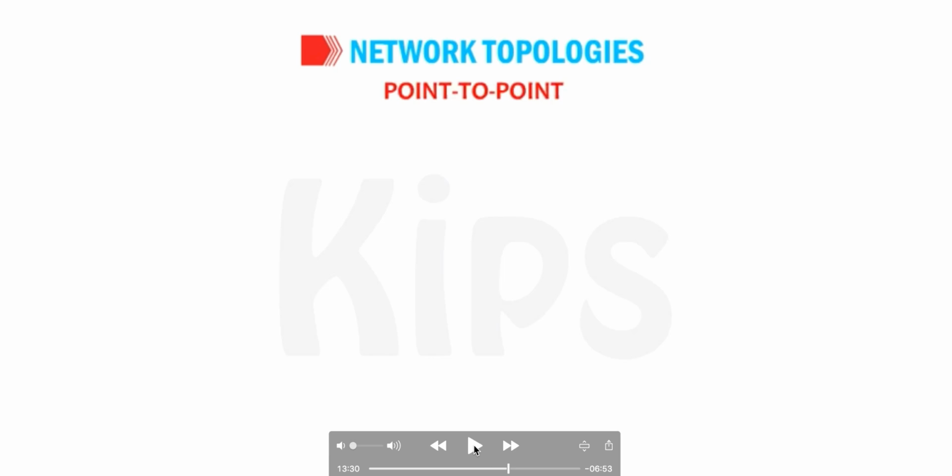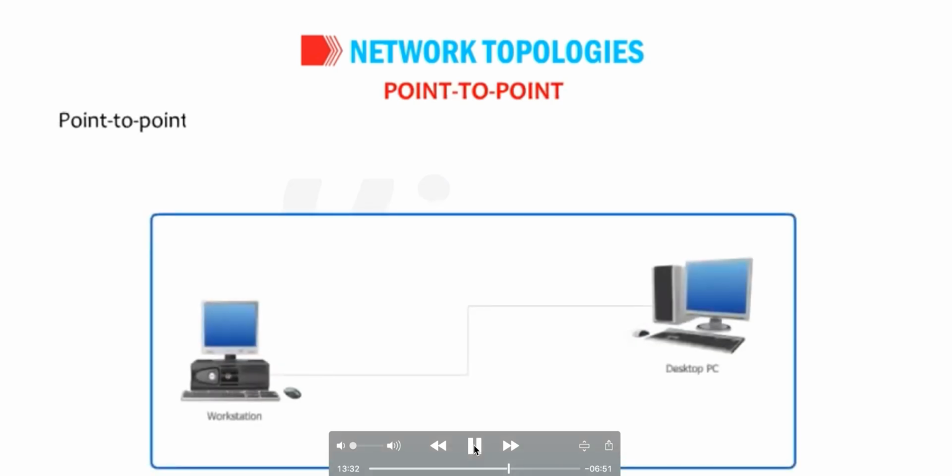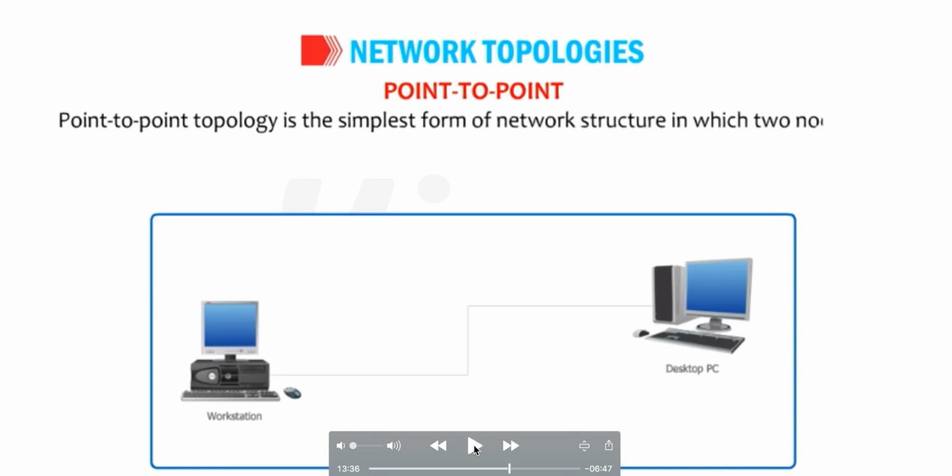The first one is the point-to-point network. A point-to-point topology is the simplest form of network structure, in which two nodes are directly connected to each other. Can you observe here one workstation and another desktop PC? They are directly connected to each other.